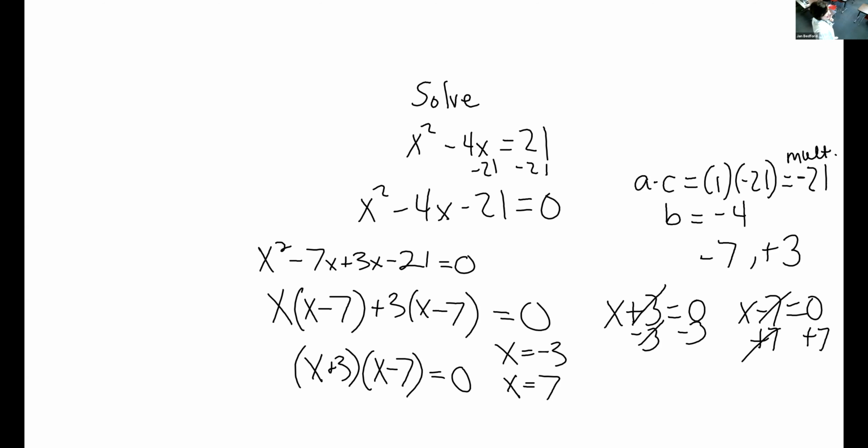Then let's look at something else that we did last class and see if we could solve this. So let's say we were going to solve maybe something like this. x squared minus 32 equals 0.